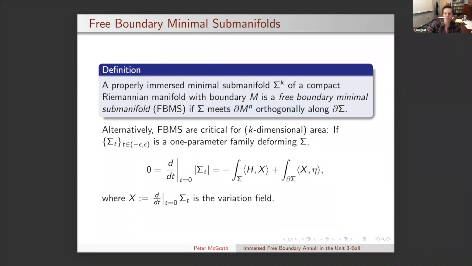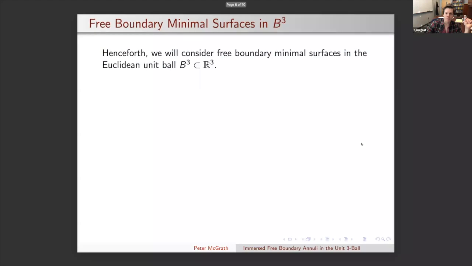So you have these two geometric conditions. For the rest of the talk, the geometric objects I'll be interested in are these free boundary minimal submanifolds. And really, for this talk, we'll only be interested in the case where the ambient manifold is the three-dimensional Euclidean ball in the usual R3.